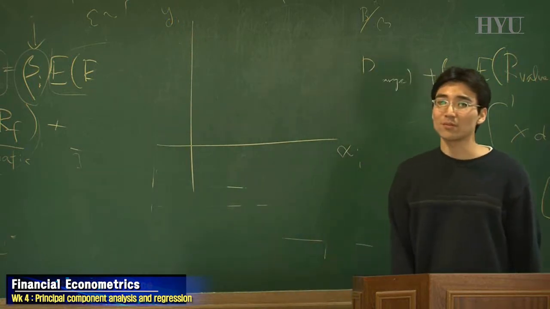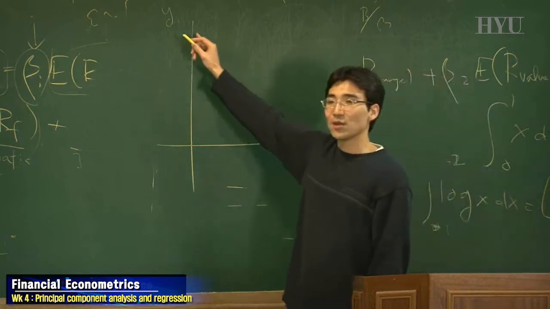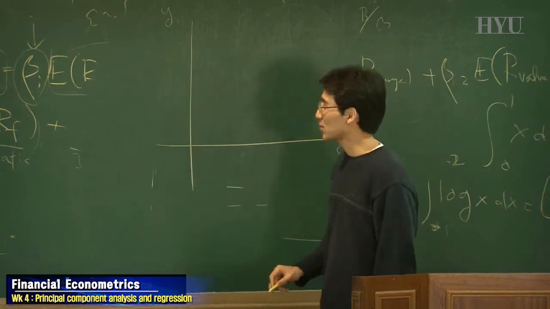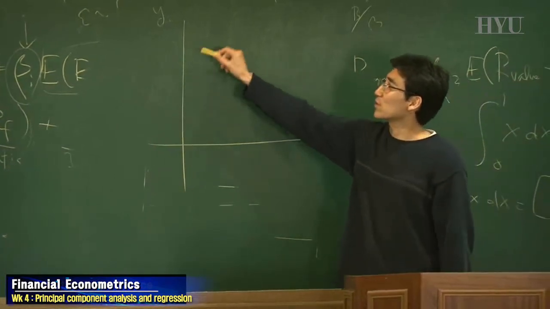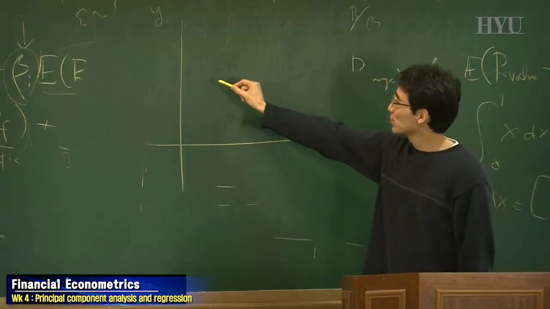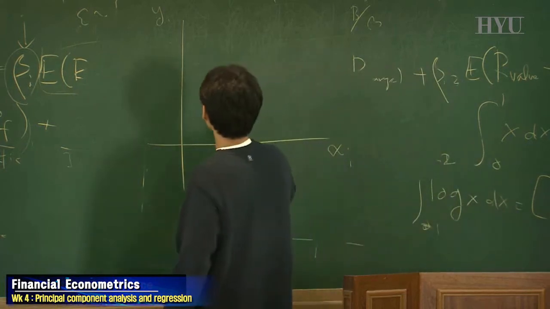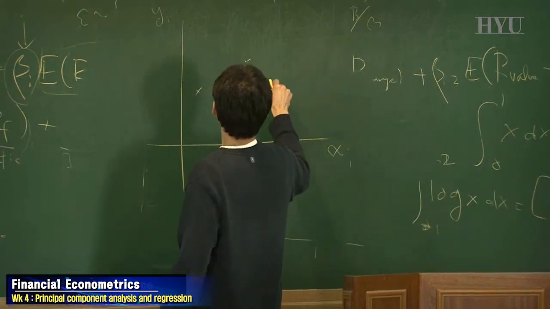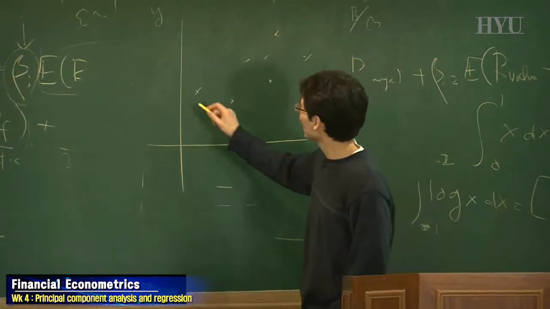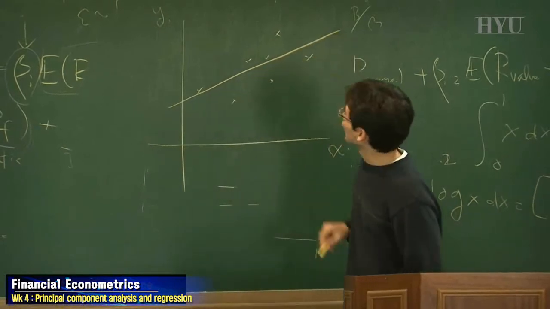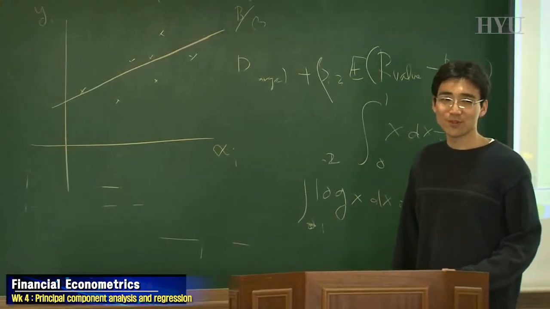If it is the CAPM, it is the market return and the individual asset return over time. If it is school performance and SAT score, it is SAT score and school performance, like 학력고사 점수, how many go to 한양대 by school. So suppose we have data like this, and our goal is to find a line that fits the data.